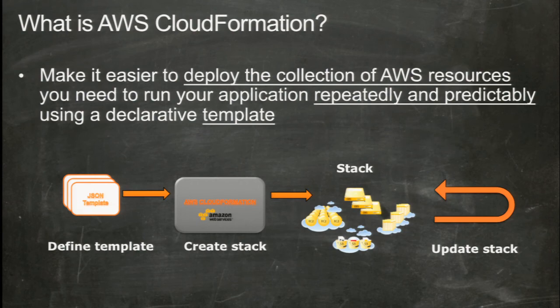You can also specify data flows between resources. So for example, the RDS database, you might need to pass the connection string of that database to the instances that are actually going to use the database. So it gives you a way in the template to specify all of those dependencies, all of those resources. So you're effectively building up the architectural diagram of your application inside the template.